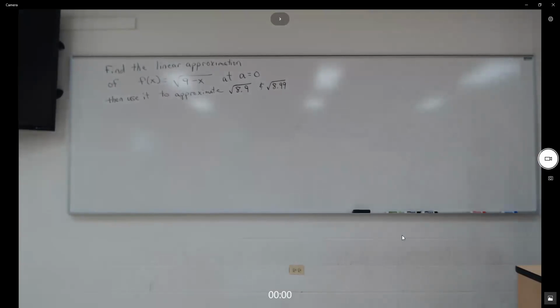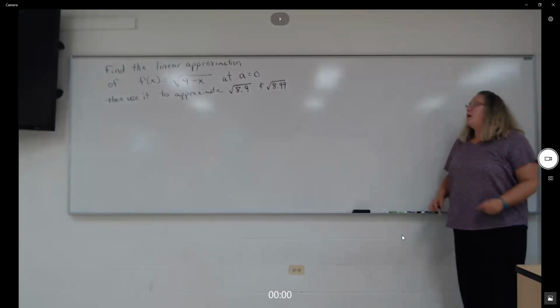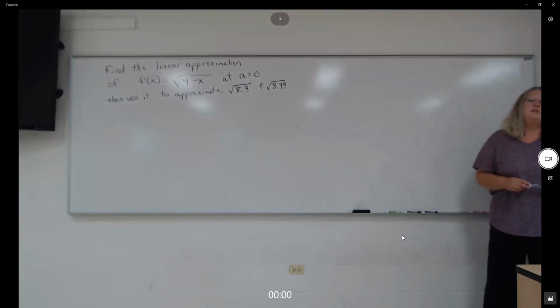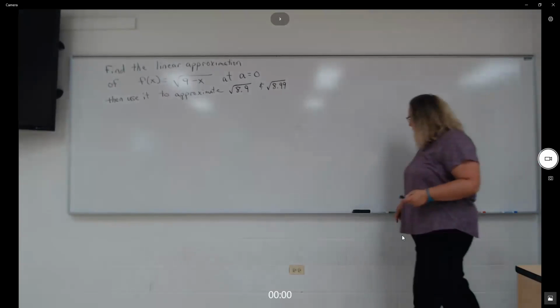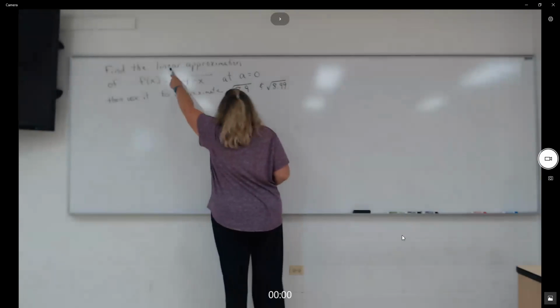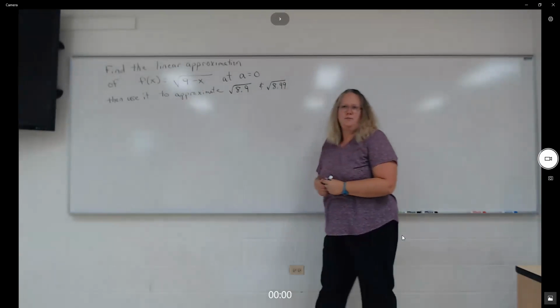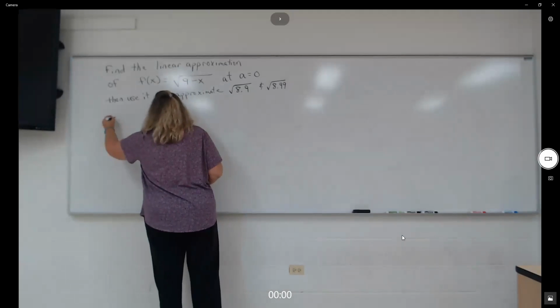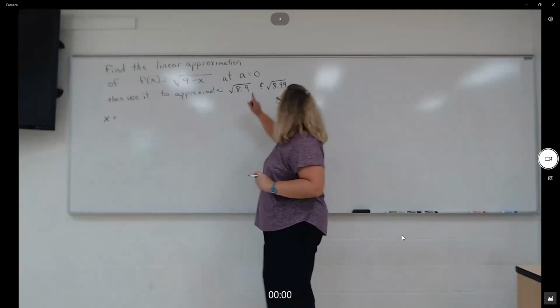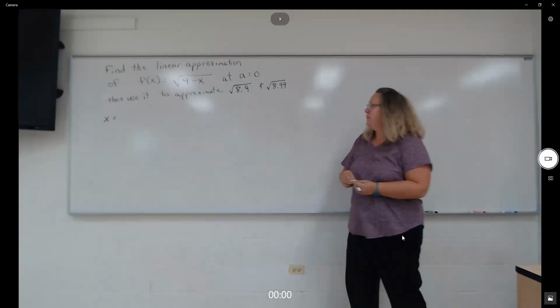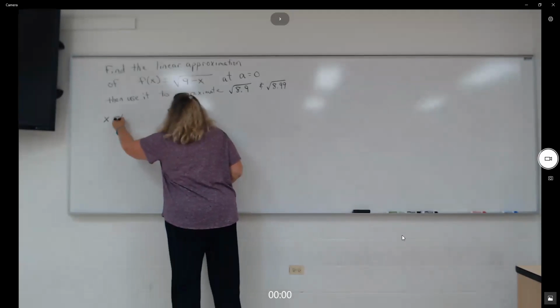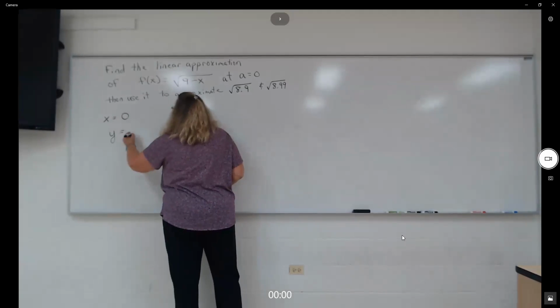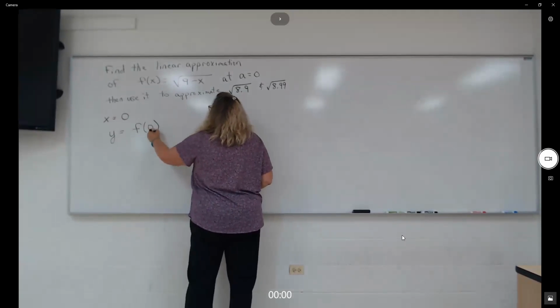Okay, so the first thing we have to do is write the tangent line. Remember, the linear approximation is the same thing as the tangent line. So we have x. What is x? X is 0. Then the next thing we're going to go do is find y. Y is going to be f of 0.